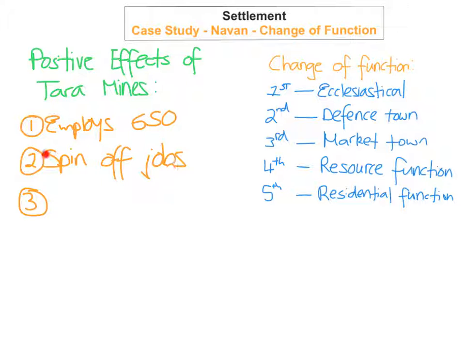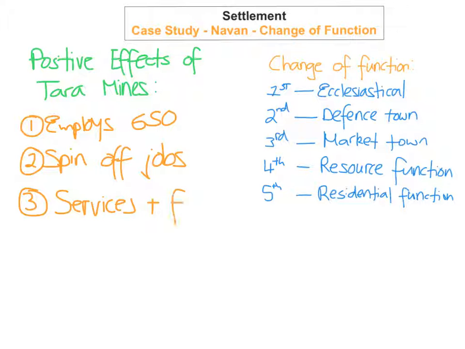Because more people are coming to work in Navan or live in Navan, other shops and garages might have opened up because they needed to supply people travelling to Navan with fuel and lunches and so on. Spin-off jobs are really important because they bring an additional inflow of money into the local economy.